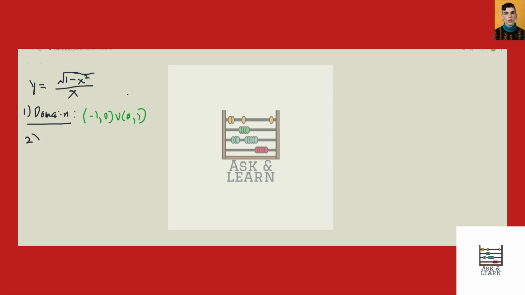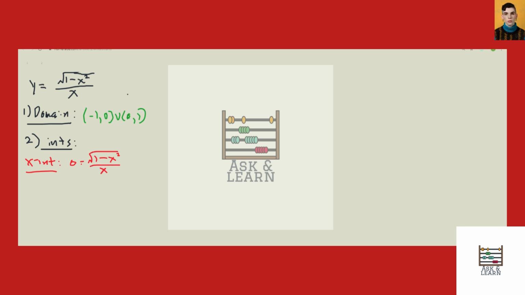The next step is to find our intercepts. The x-intercept is when we set the function equal to 0. So we'll have 0 is equal to the square root of 1 minus x squared all over x.